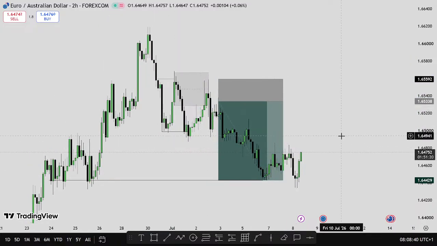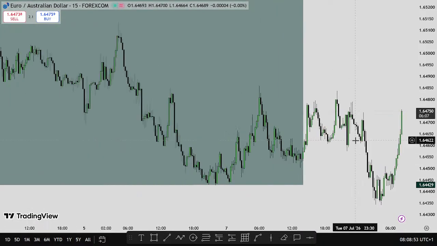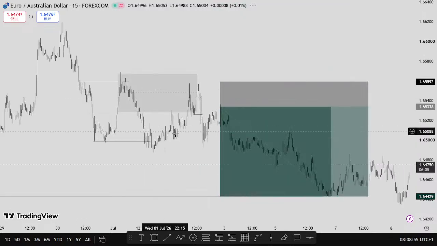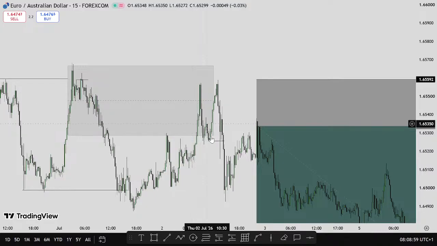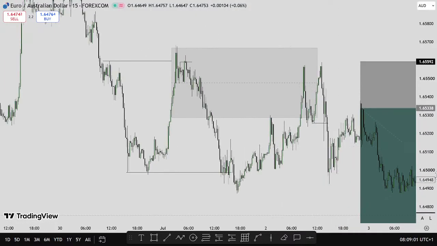Normally a random person will just go into the trade immediately after this mitigation, but like I said, it's better to use your confirmation. So when I go to 15 minutes, I saw that price actually then displaces. Price displaces here after mitigation.